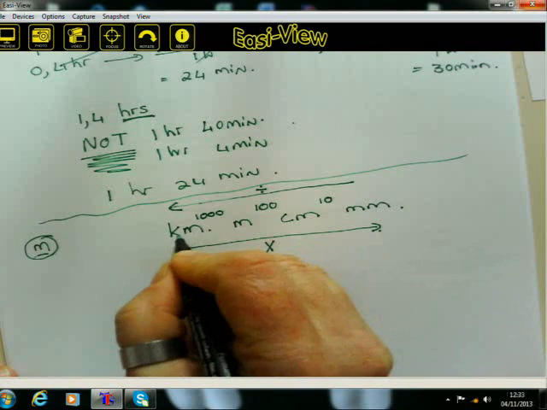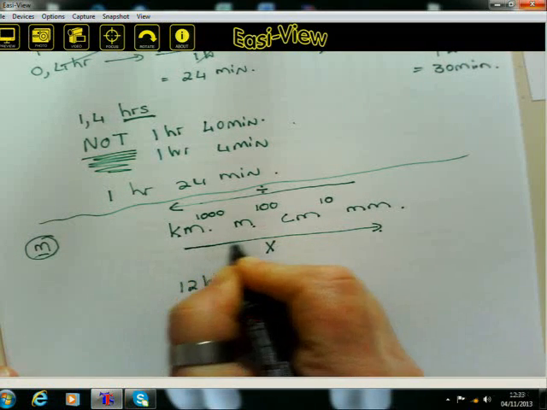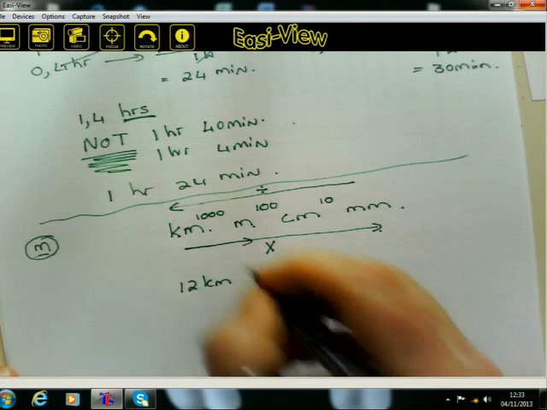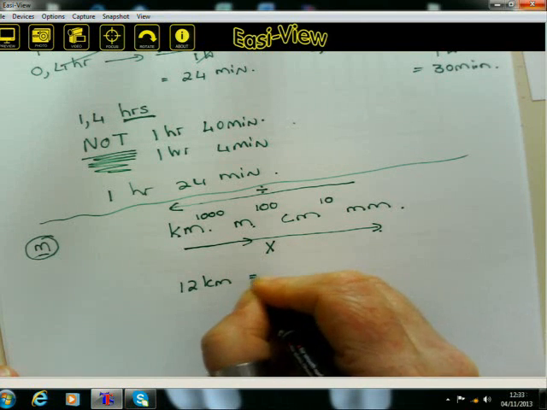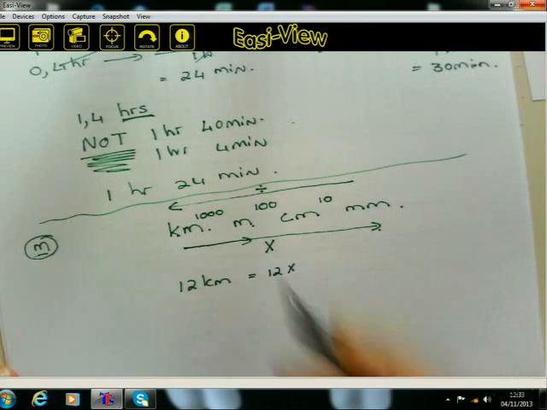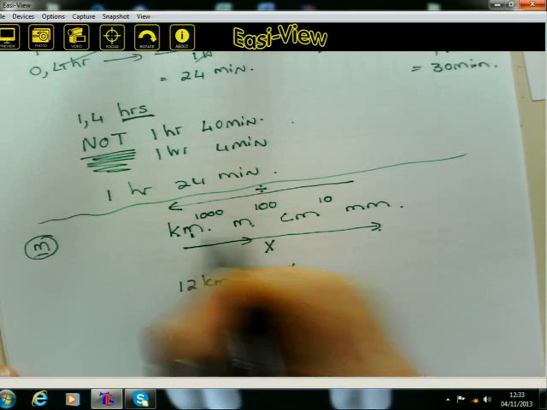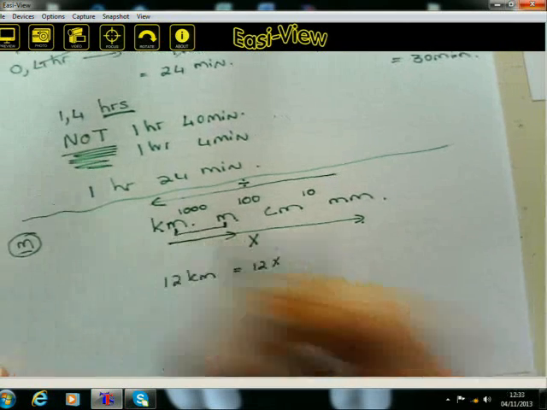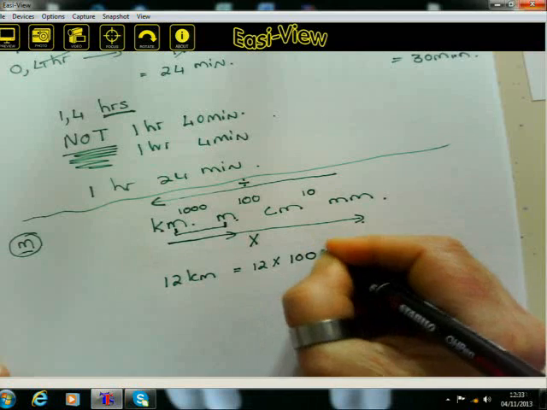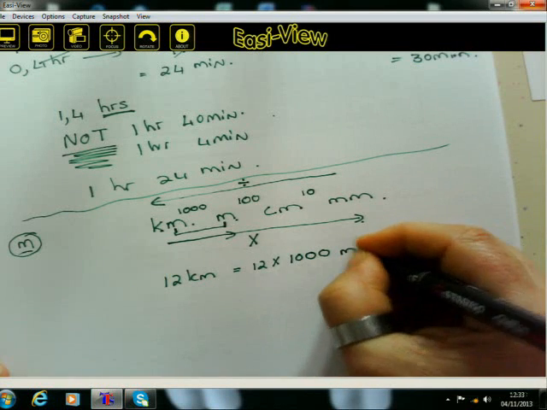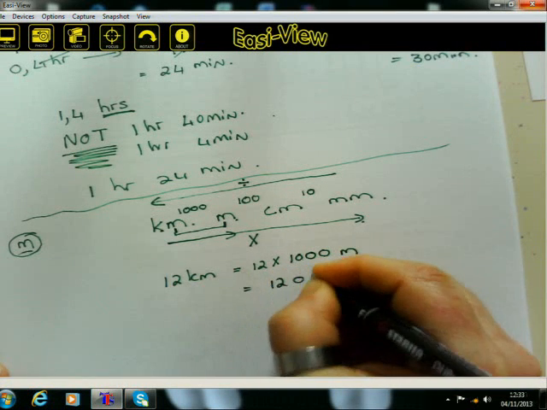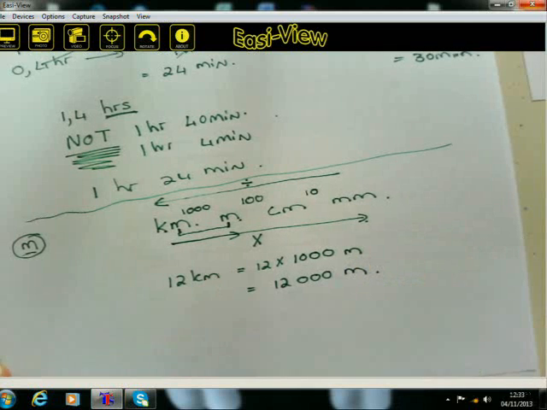When I go from kilometer to meter, I'm going in that direction, so I'm going to multiply. And by what factor? I'm going from kilometer to meter, so I'm going to multiply by 1,000. And that will give me 12,000 meters. Are you with me?